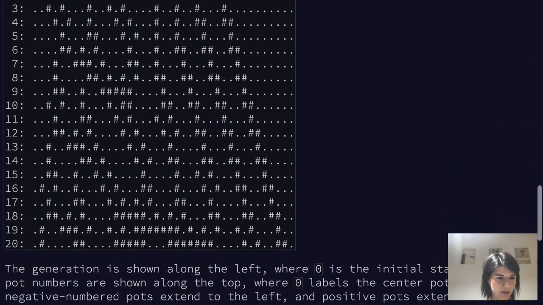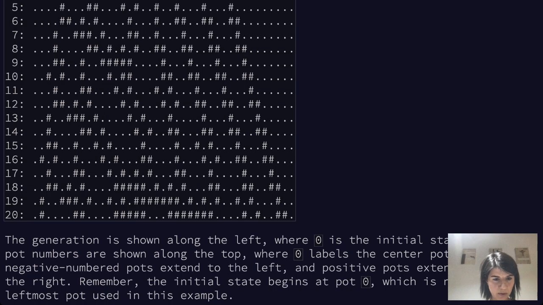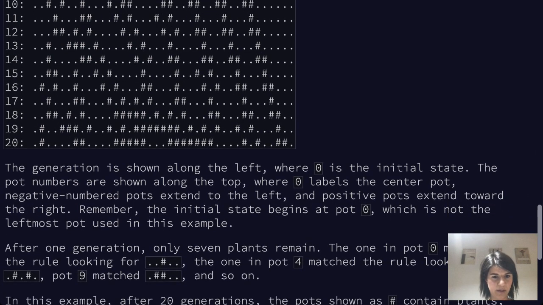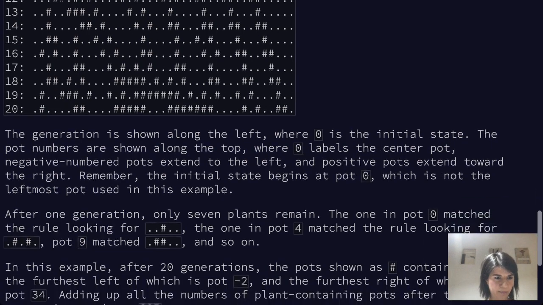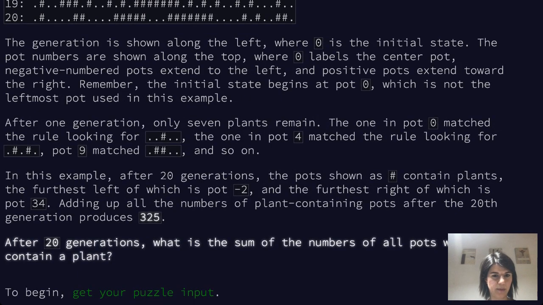Oh, and they start with 0 and end up at like -2. Negative number pods extend to the left and positive pods extend toward the right. Remember, the initial state begins at pod 0, which is not the leftmost pod. Okay. After 1 generation, only 7 plants remain.